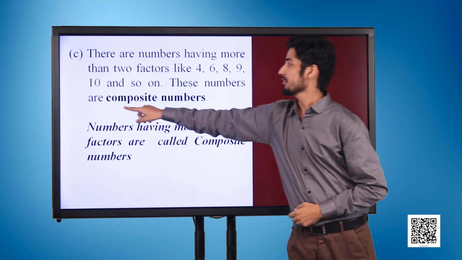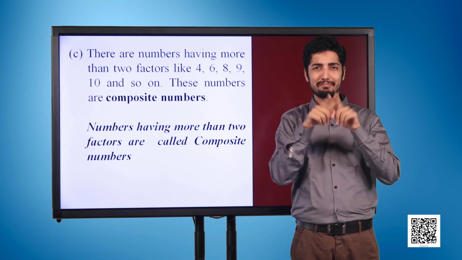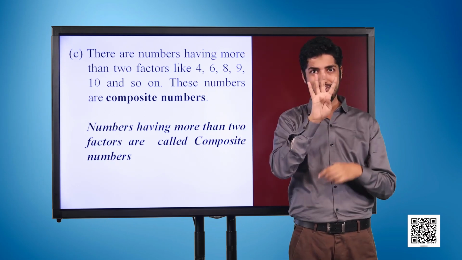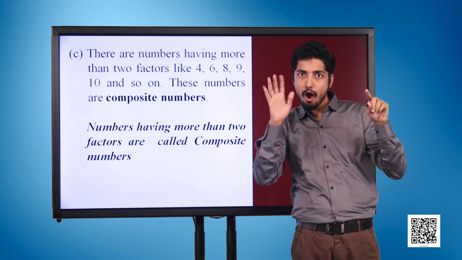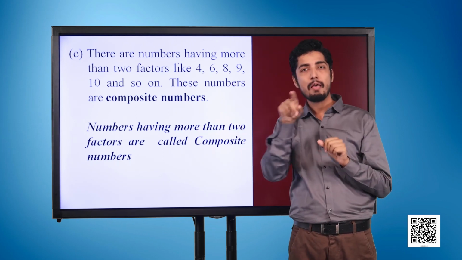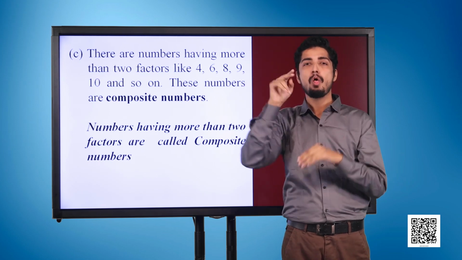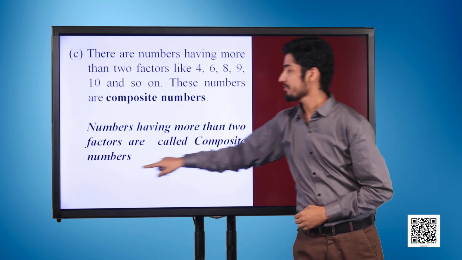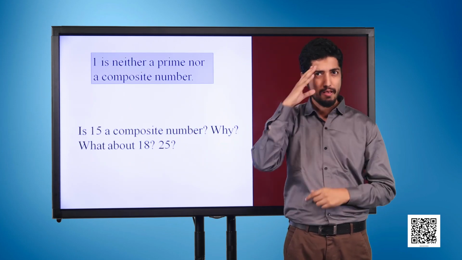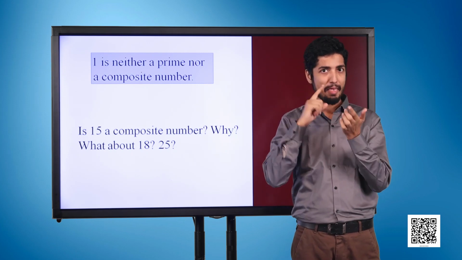These numbers are composite numbers. Numbers having more than 2 factors are called composite numbers. One is neither a prime nor a composite number.